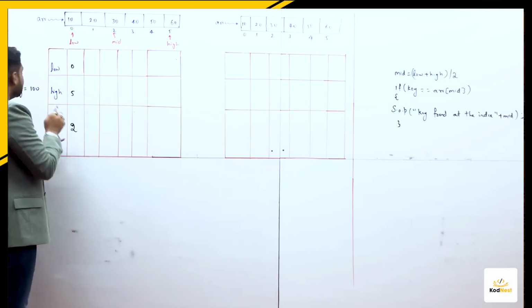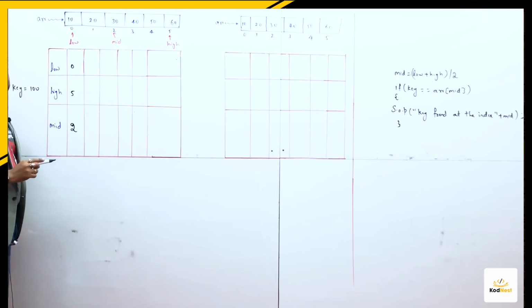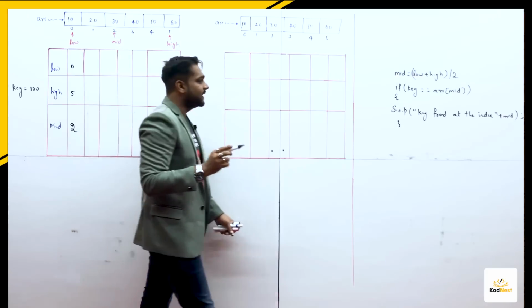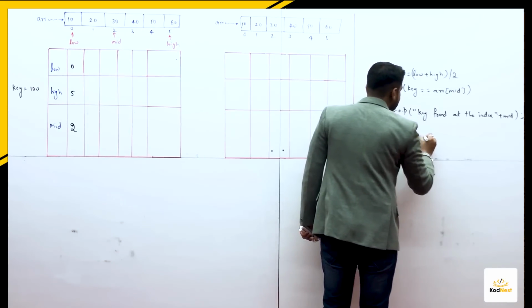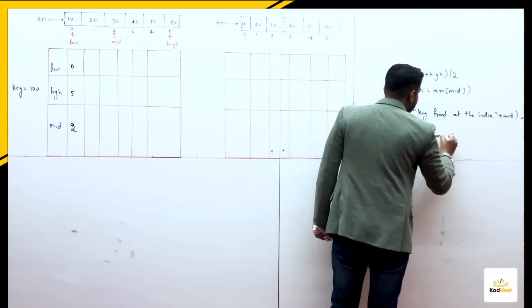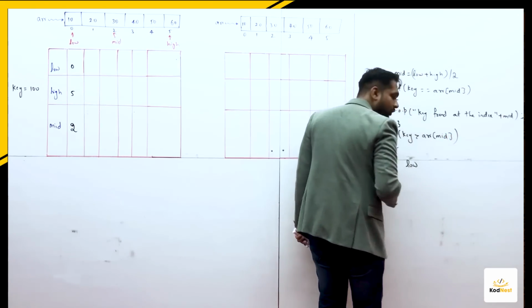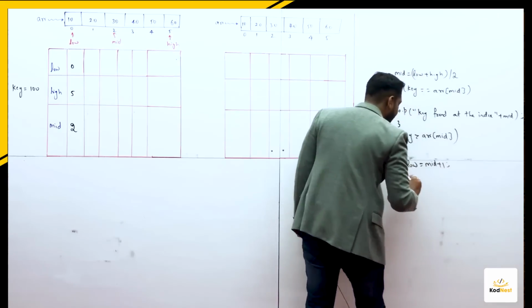Now let us see. Key is 100. Is 100 matching with array of 2? No, it is not matching. If it is not matching, what we are doing? We are checking if the key is greater than array of mid. If it is greater, we are making low point to one step ahead of mid.